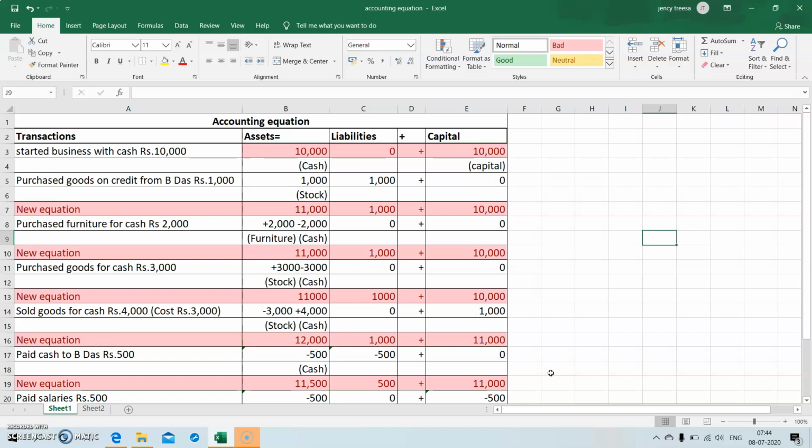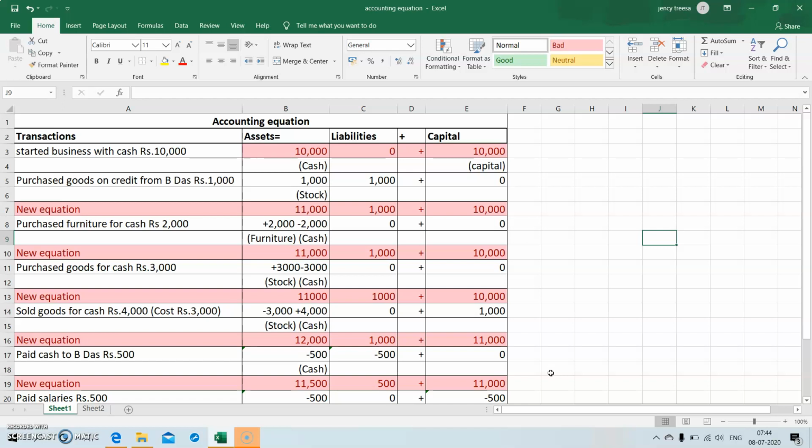So plus 1,000. That is the profit element. You will see 3 effects for this, but anyway, the effect is the same. On the asset side, minus 3,000 plus 4,000 is 1,000 only, no? On the other side also there is a change, but only for 1,000.